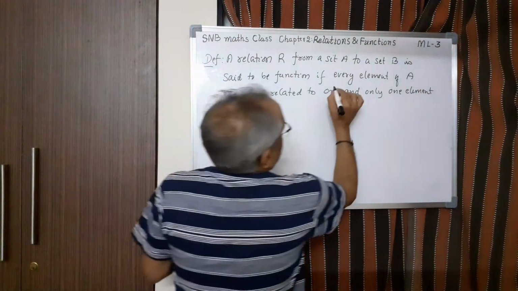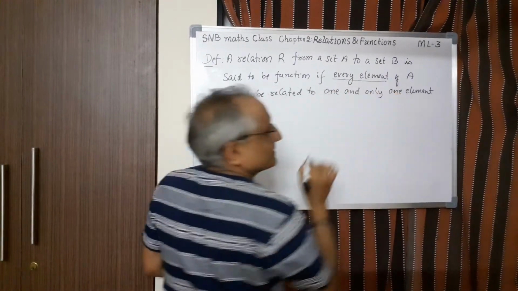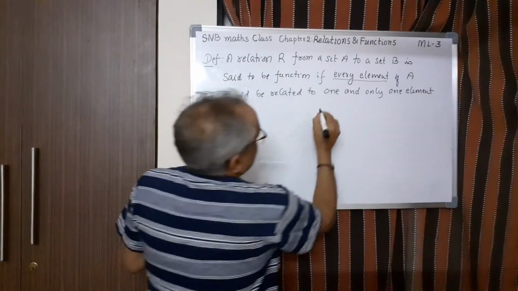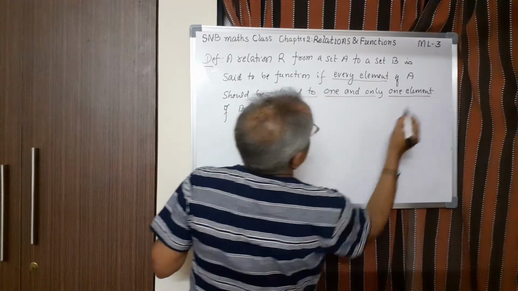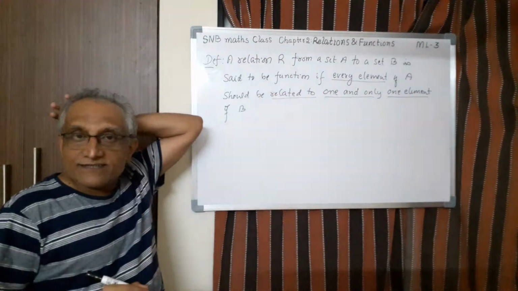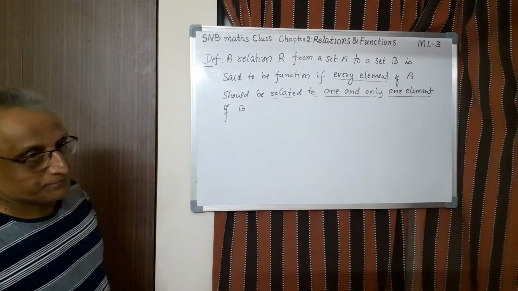Underline this one: every element of A, that is the first condition. The second one is related to one and only one element. If you remember these two conditions, it is very simple to understand the concept of function.